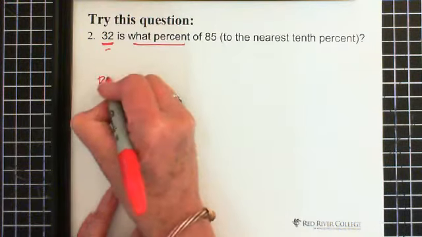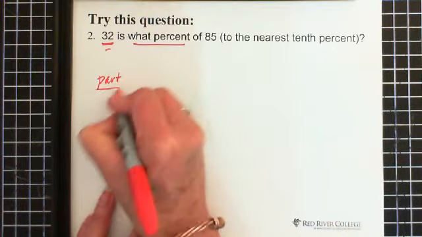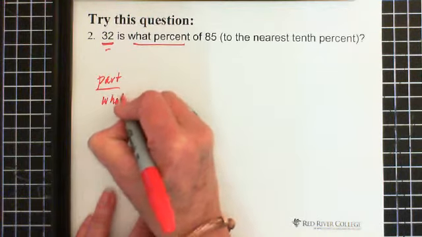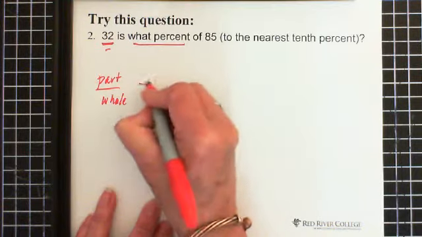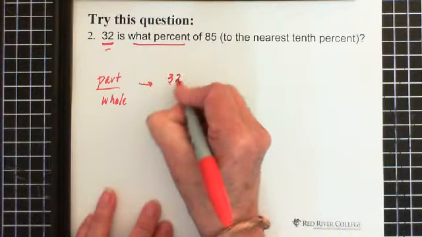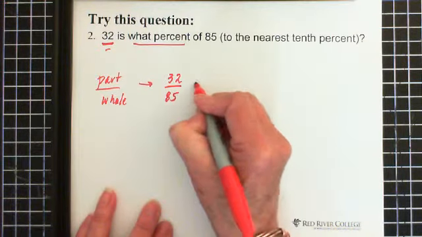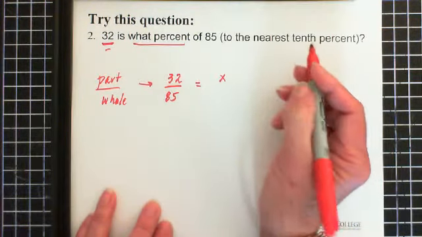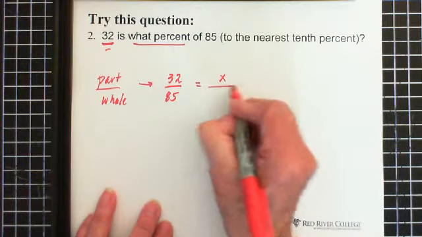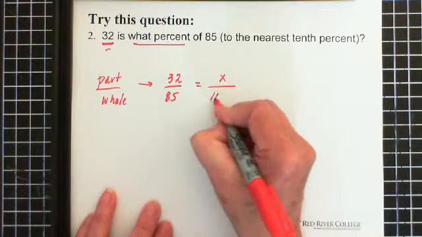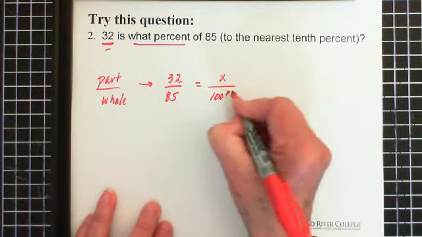So again, part over whole. We have 32 over 85 equals the unknown percent, and the unknown percent has got to be over 100%.